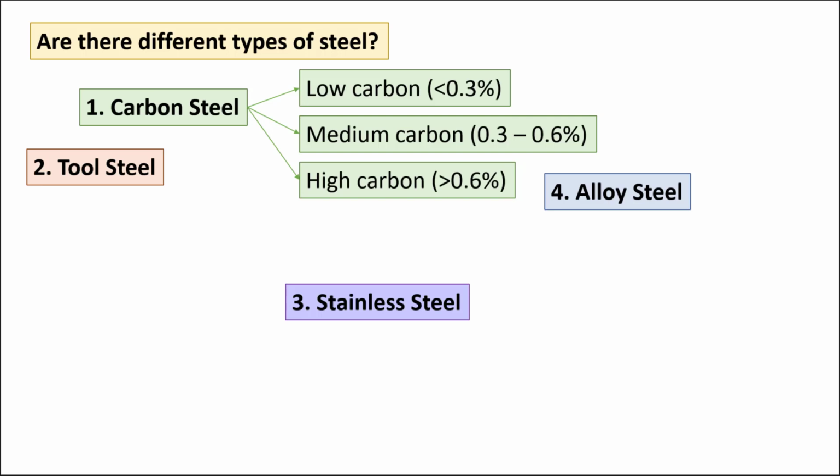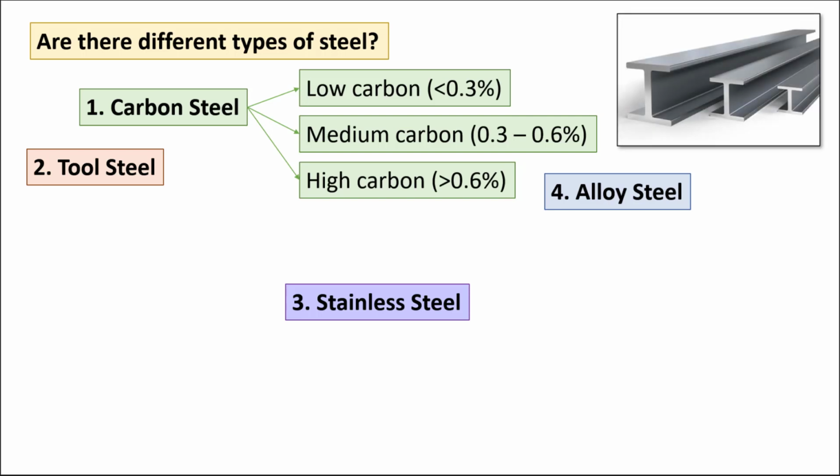Even though this class of steels is called carbon steel, there are usually a small percentage of other alloying elements. So carbon steels are strong and often used for things like structural components, gears, bolts, nuts.